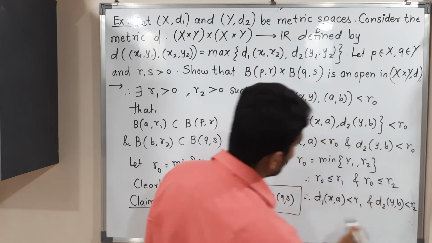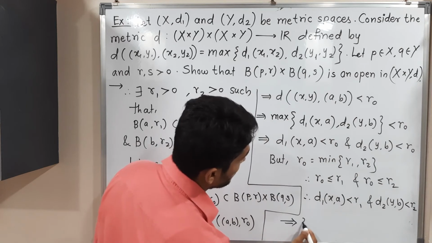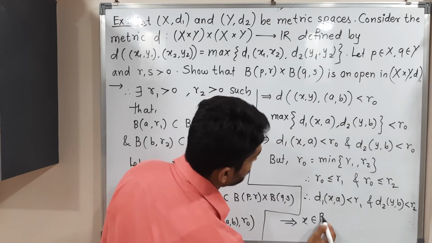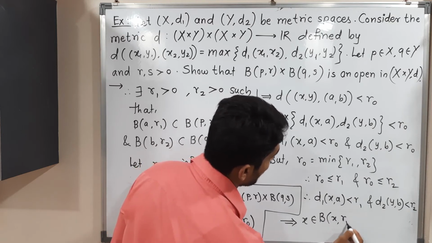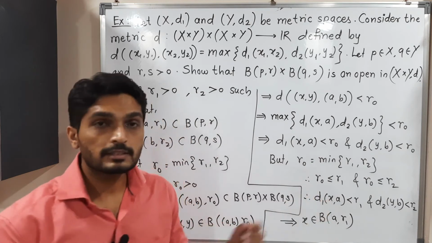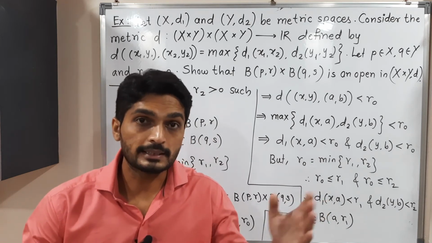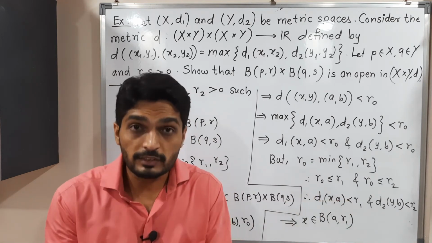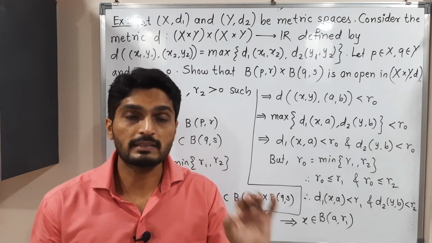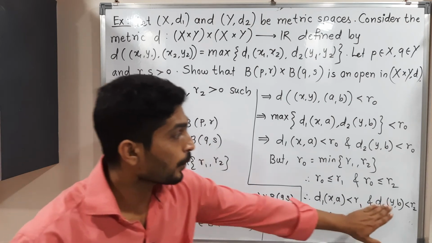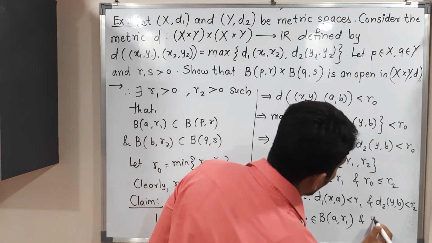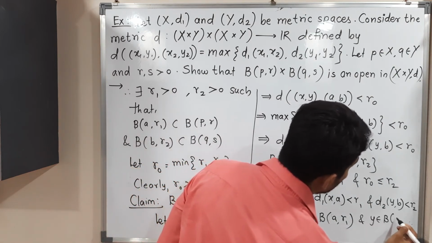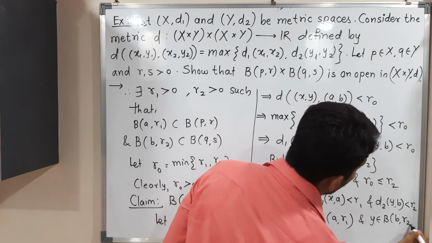Combining these inequalities: D1(x, a) < R0 and R0 ≤ R1, so D1(x, a) < R1. D2(y, b) < R0 and R0 ≤ R2, so D2(y, b) < R2. This implies x belongs to the ball with center a and radius R1, since the distance of x from a is less than R1. Similarly, y belongs to the open ball with center b and radius R2.